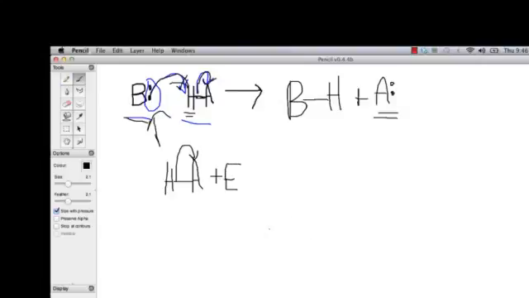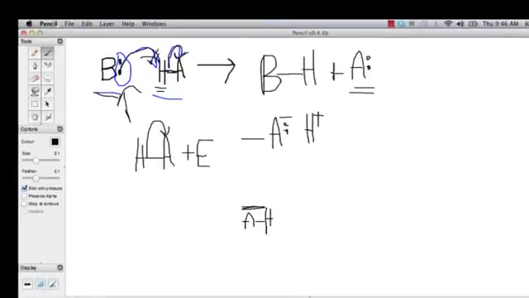On an energy graph, we go from the lower energy, AH, to a higher energy, A with its pair of electrons left behind, and an H+. By default, if the acid starts out neutral, the A minus is going to have a minus charge at the end to balance the charges.